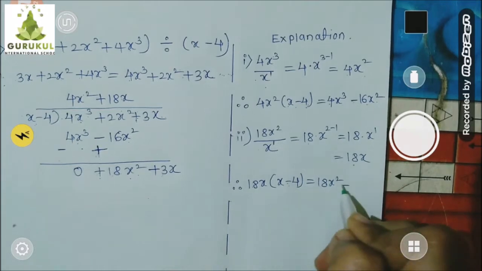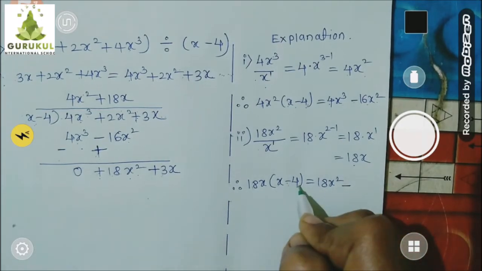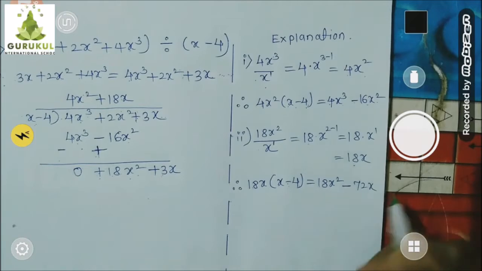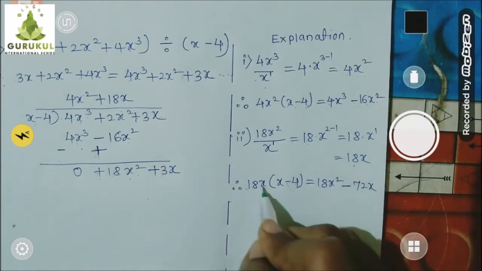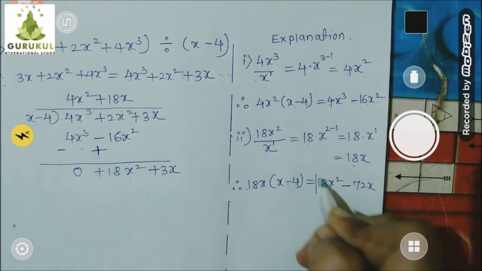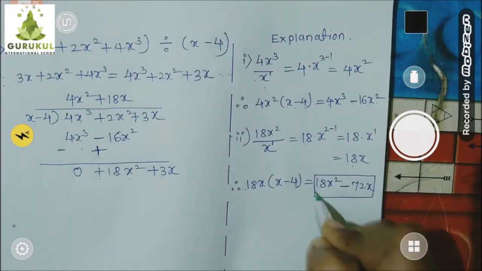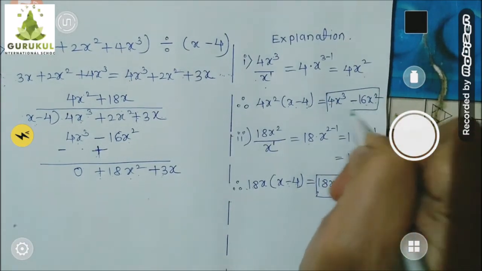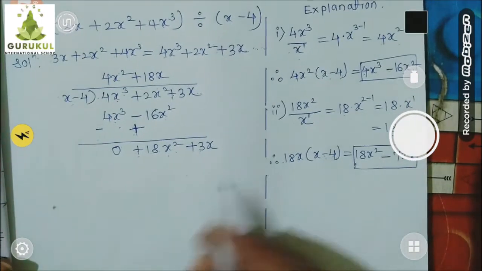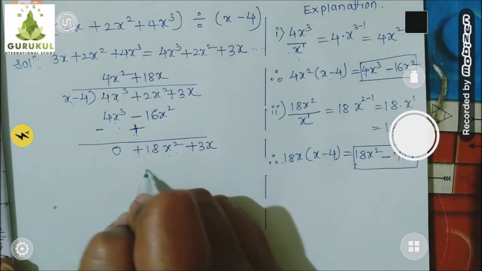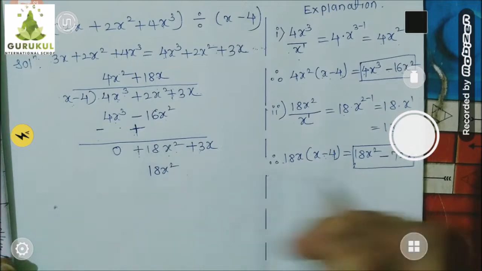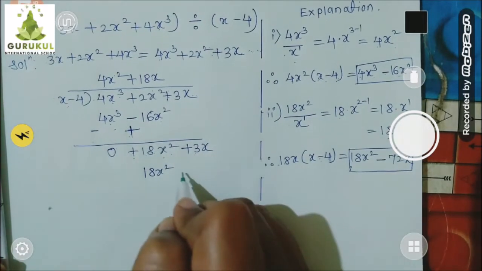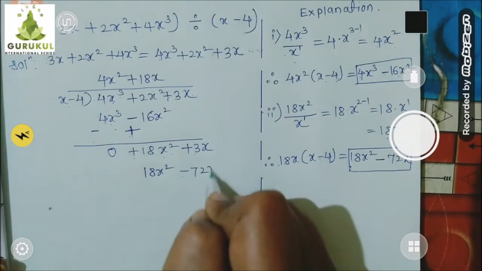Put this minus sign. 18x into 4, 72x. 18 4s are 72, and this x. So this becomes a product which we will write below like term. So 18x square I will write below 18x square and minus 72x I will write below 3x.